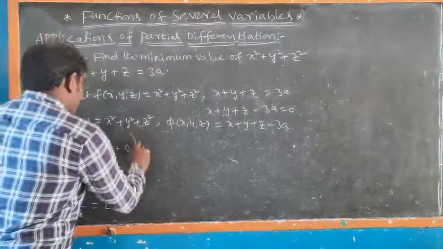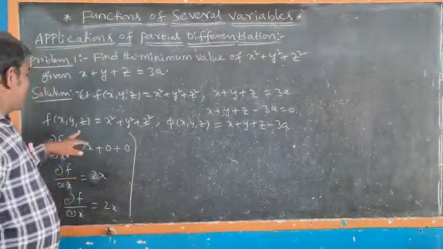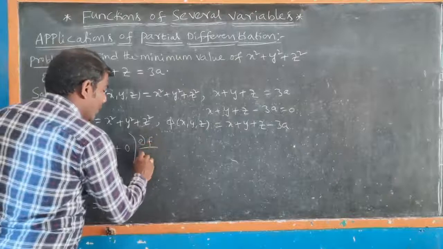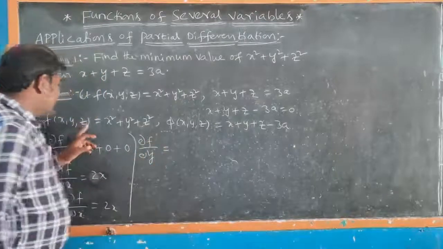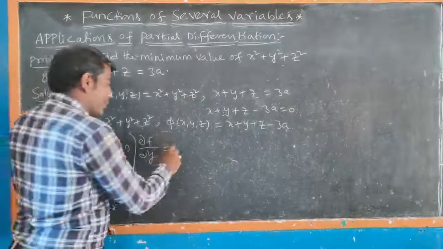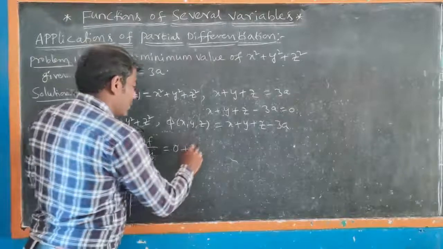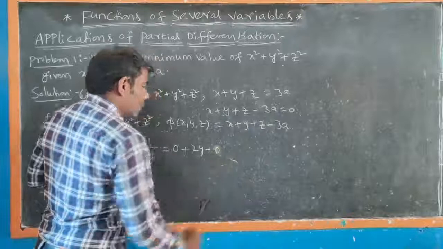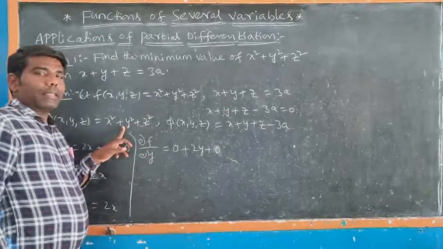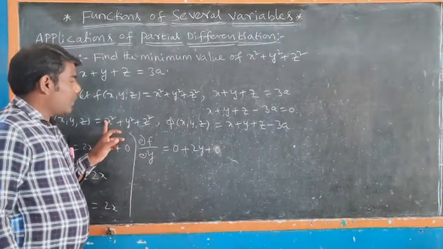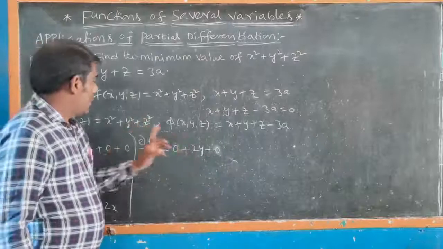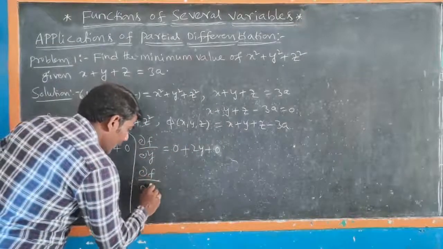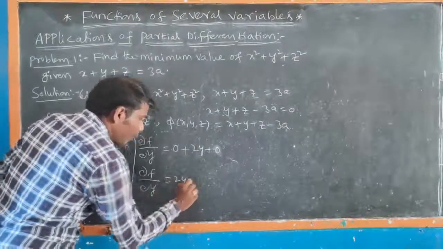Next, differentiating partially with respect to y, dou f by dou y is equal to: x square derivative 0 plus y square derivative 2y plus z square derivative 0, since with respect to y, x and z are constant. Then dou f by dou y is equal to 2y.